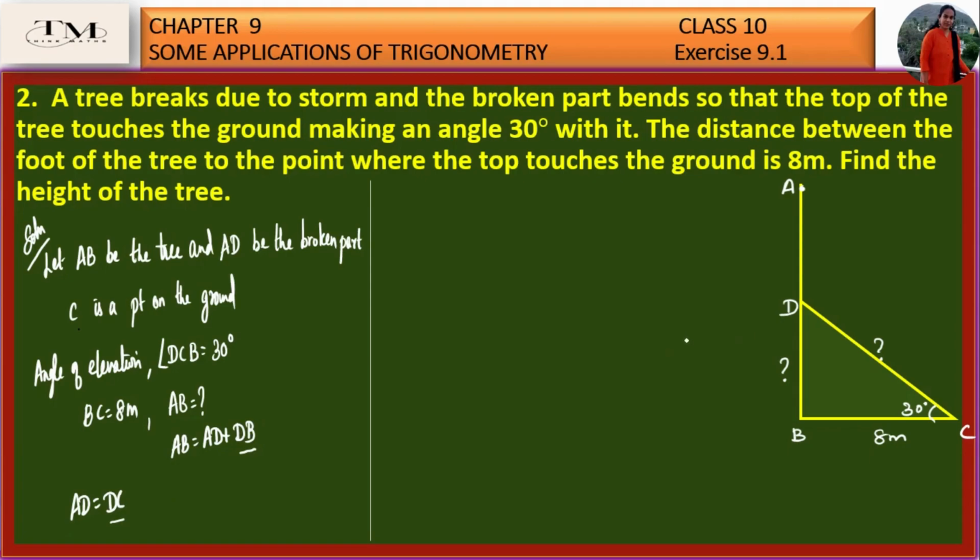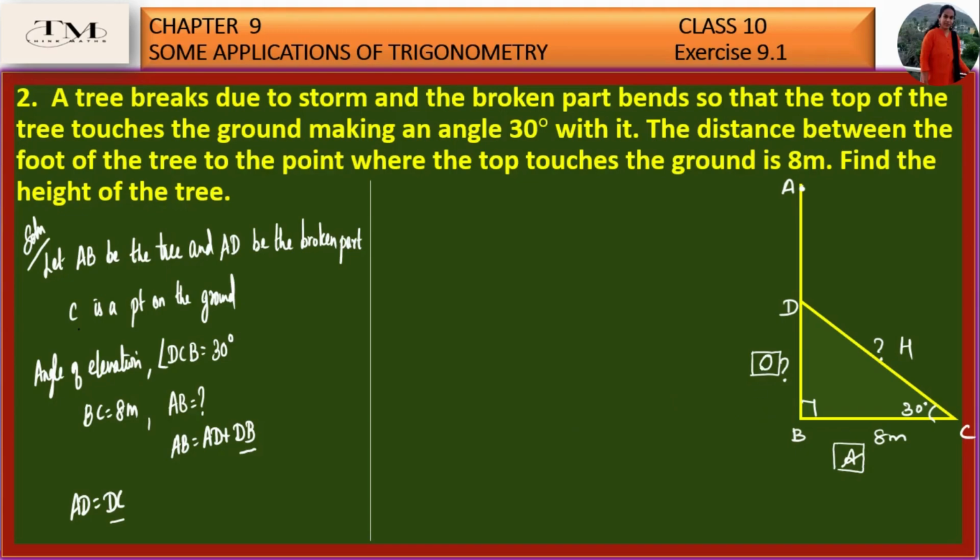Now let us find out which ratio can we apply. So first we are going to find out DB. So which is the opposite side here? Opposite to 30° is this side. This is 90°. Opposite to 90° is the hypotenuse and this is the adjacent side. Now to find DB, this is the opposite side. Now what is given? Adjacent side is given.